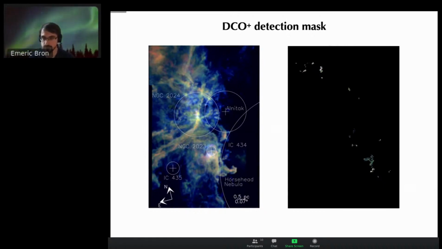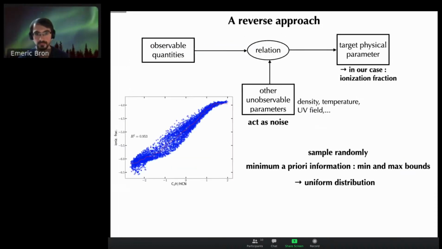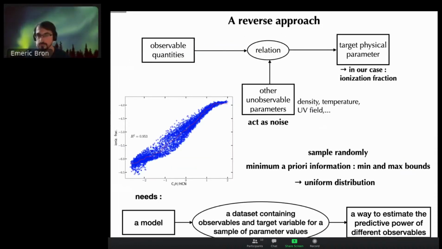Emeric? Yes. About the third part of your work, I wondered, you're using the other physical quantities as noise, like nuisance parameters and sources of noise. And I wonder if you tried, is this one trained on models? Yes, this is based on grids of chemical models.